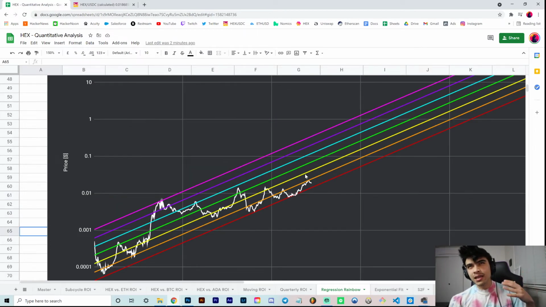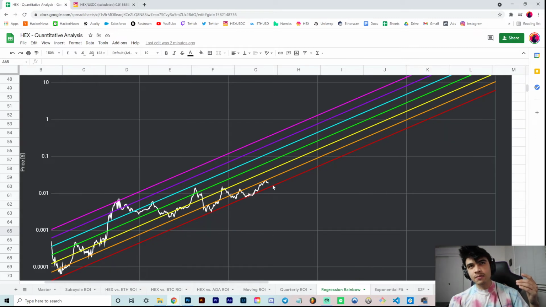And like I hinted in the previous video, is this red line going to hold forever? Maybe not, right? If we don't keep going exponential forever, at some point this will break, and then maybe we'll be able to fit this data to a new model, or even just extend this model with an even lower band, maybe add another region.